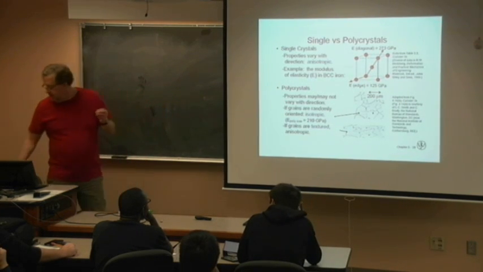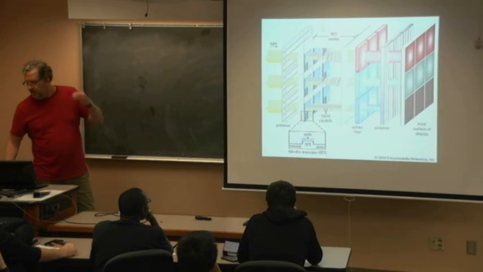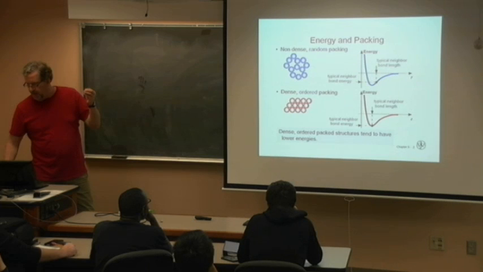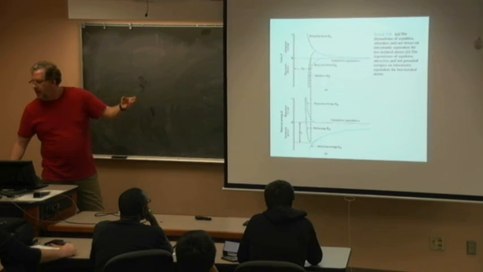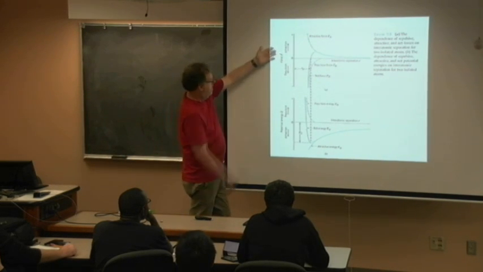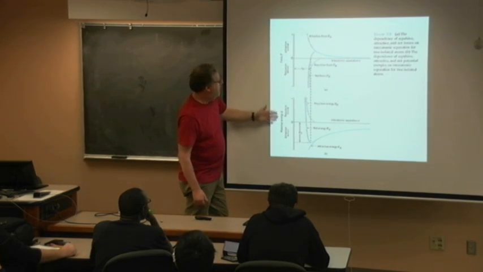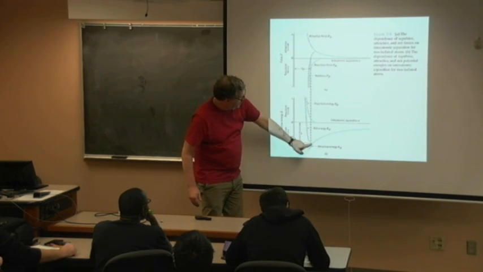Actually, let me come back to that because I started the discussion on directionality. So here's the preferred bonding. Whether it's, again, the force or energy, either way you end up with the preferred bond length.